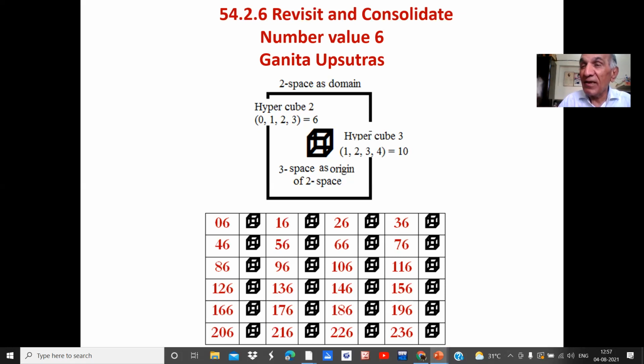So see, Vedic mathematics is providing specific geometric format for the artifices of the numbers.